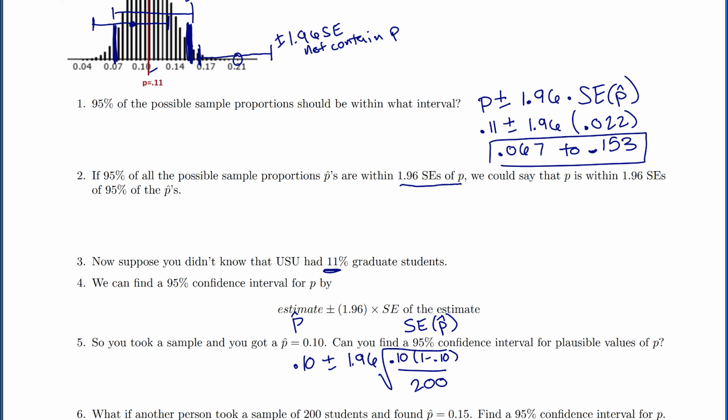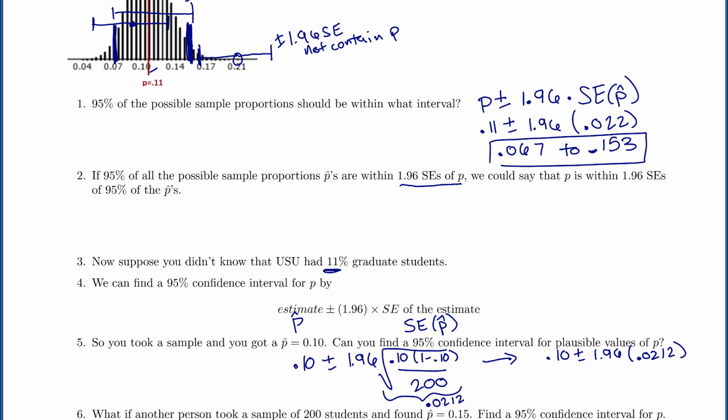Now, this standard error, if I put that into my calculator, is 0.0212. So if I rewrite this, it would be 0.10 plus or minus 1.96 times the standard error, 0.0212.